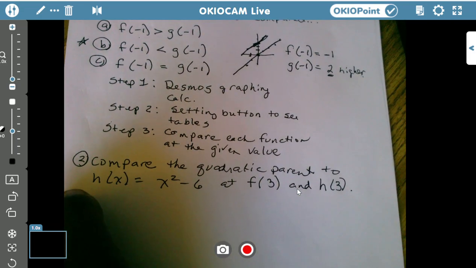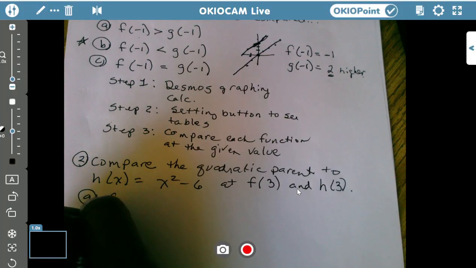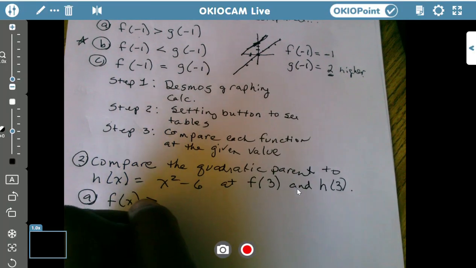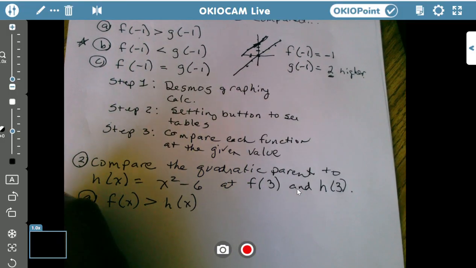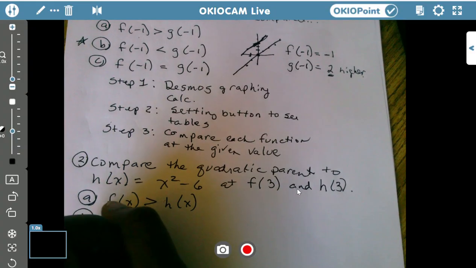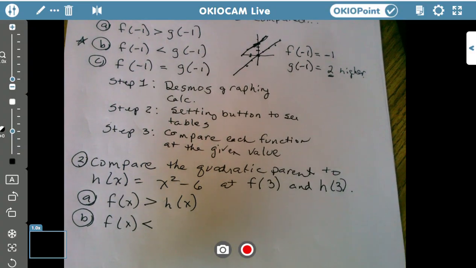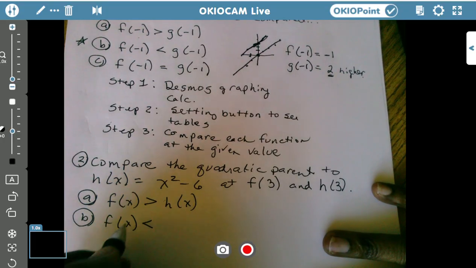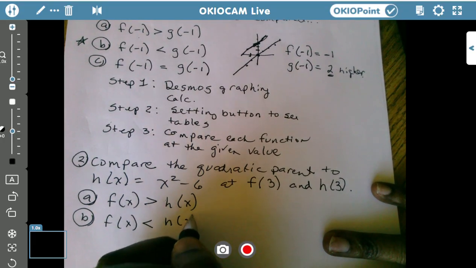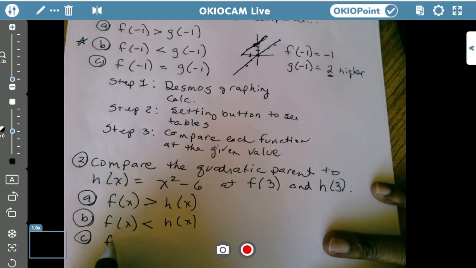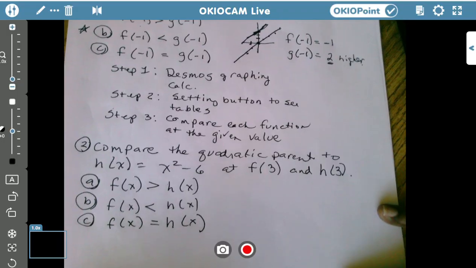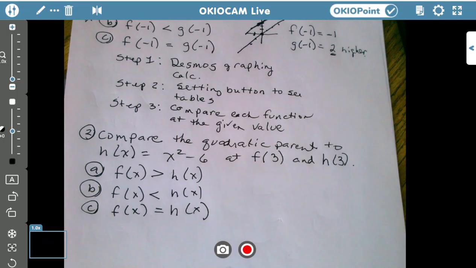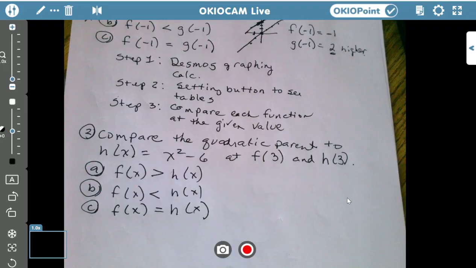And we want to know, is f of x greater than h of x? Is f of x less than h of x, or is f of x equal to h of x? I'll give you a minute to write that down.